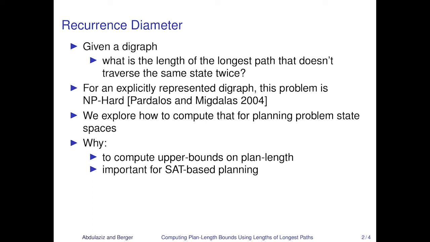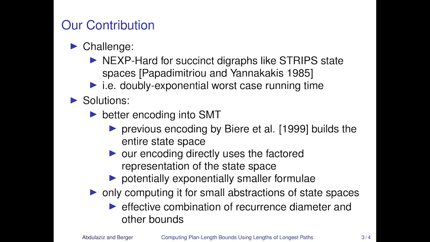The reason is that a practical way to compute recurrence diameters can improve the upper bounds on plan lengths a lot, and this in turn would improve the performance of SAT-based planning algorithms that use these upper bounds on plan lengths, either to find plans more quickly or to prove that a certain planning problem does not admit a solution.